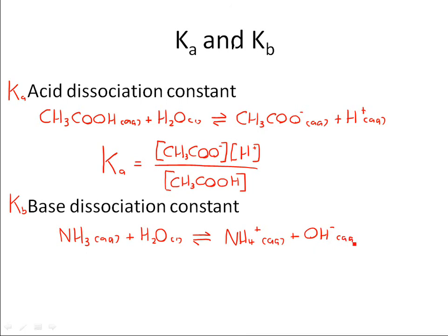So for the expression for Kb, at the top you're going to put the NH4+ and the OH-, and on the bottom you're going to put the concentration of the weak base, which in this case is ammonia.